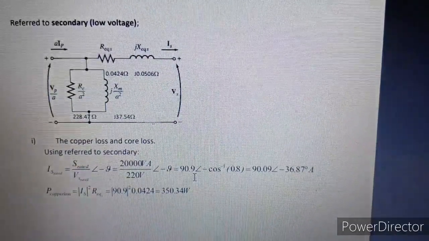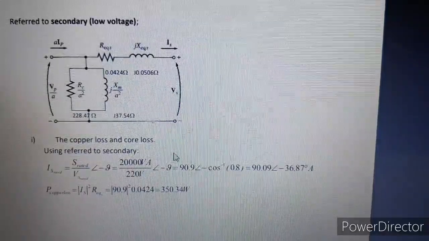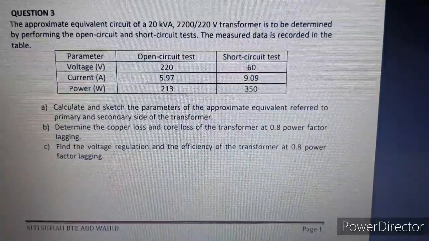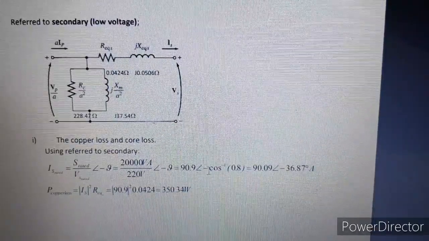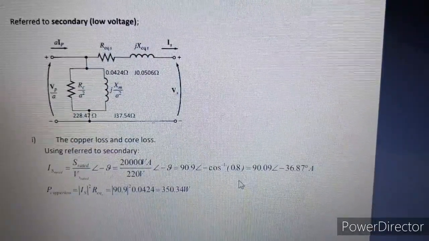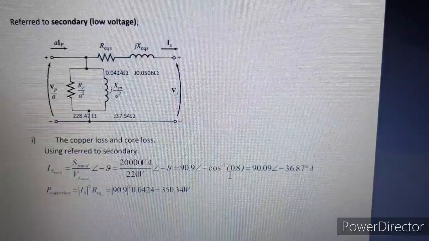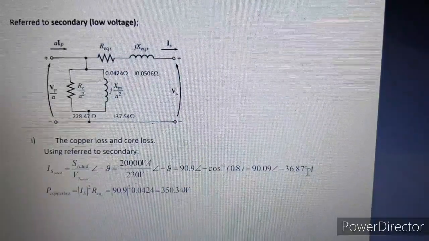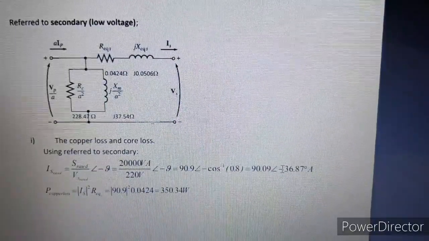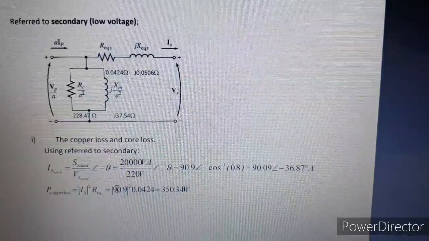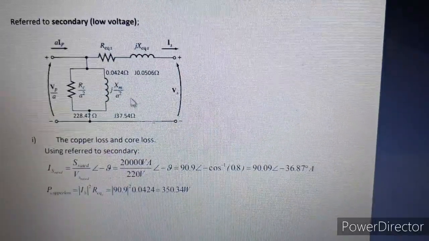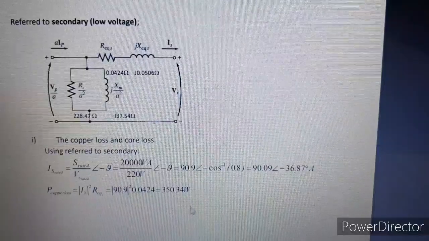The question asks you to find at 0.8 power factor lagging, so the angle of current is negative. Cos inverse of your power factor, you get negative 36.87. Then just take the magnitude of IS, squared, times R equivalent S from your circuit. So you get 350.34.